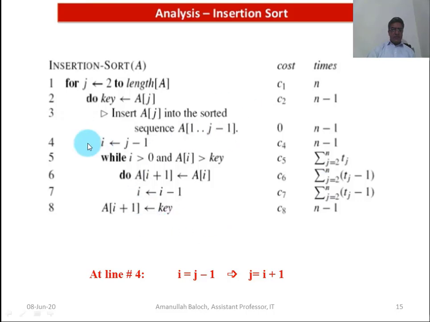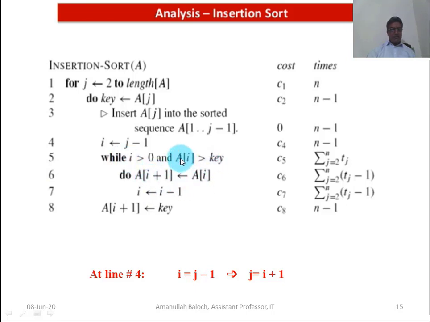This is the scenario when all the statements 1, 2, 3 up to 8 of the insertion sort will execute in the worst case analysis. So lines 6 and 7 consist of the body of the while loop, and they will also execute.